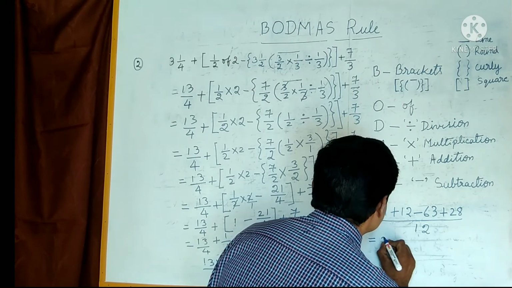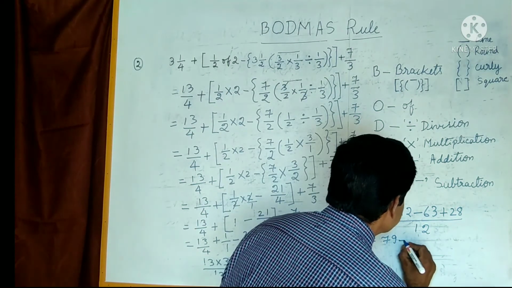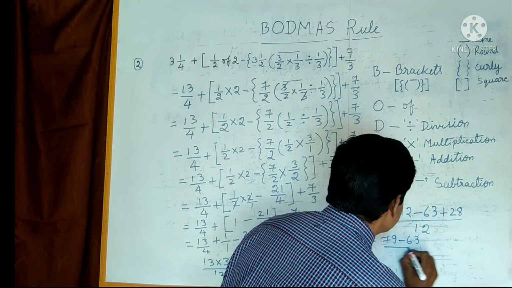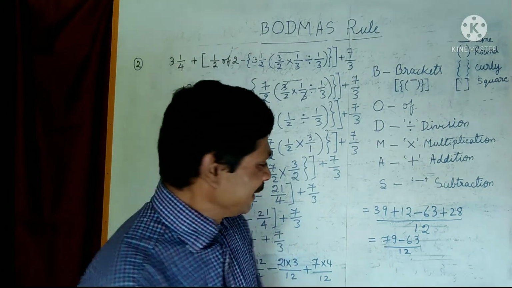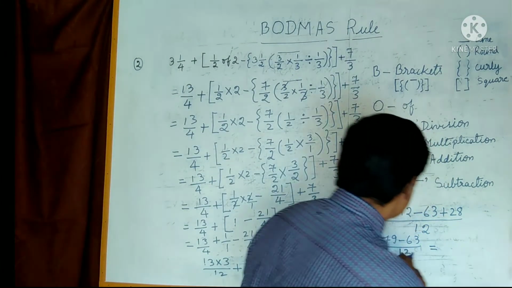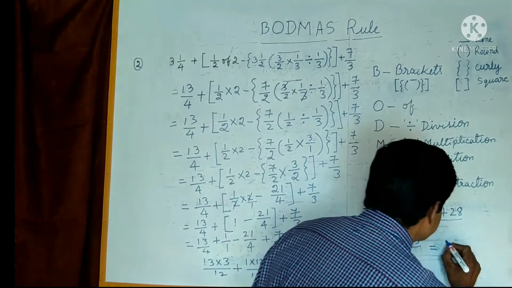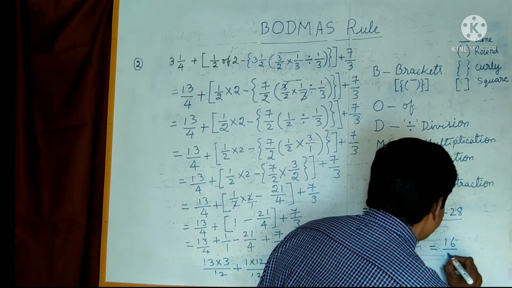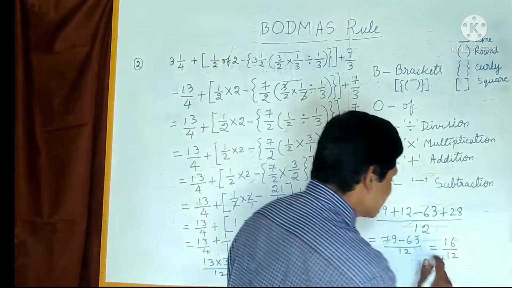This is equal to 79 minus 63 by 12. Okay. This is equal to 79 minus 63 is 16 by 12. Now we will simplify this.